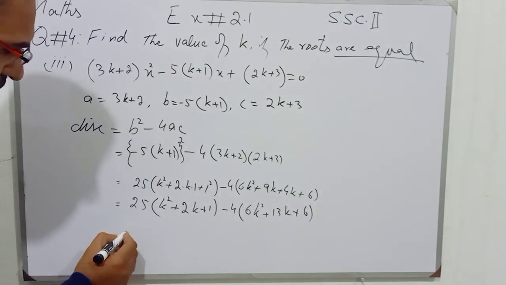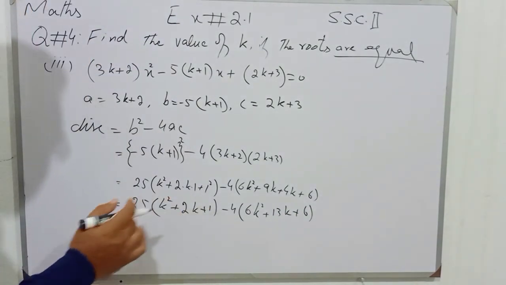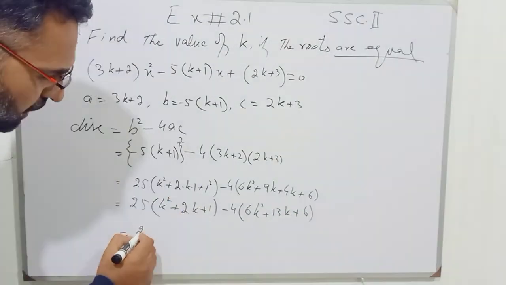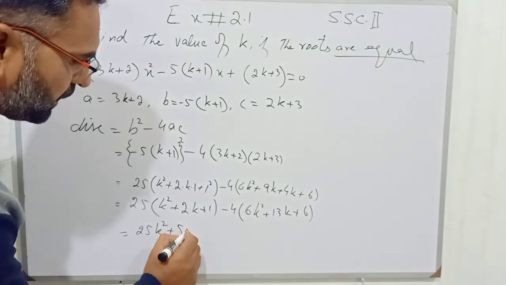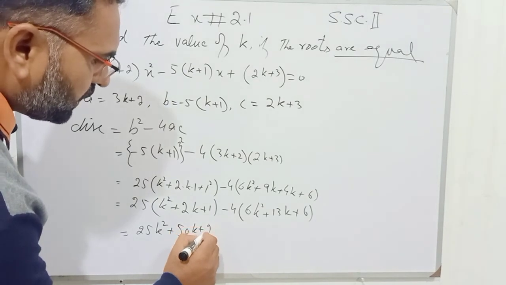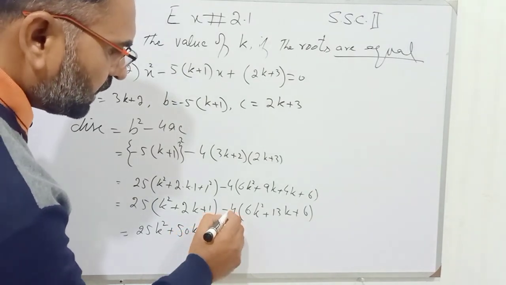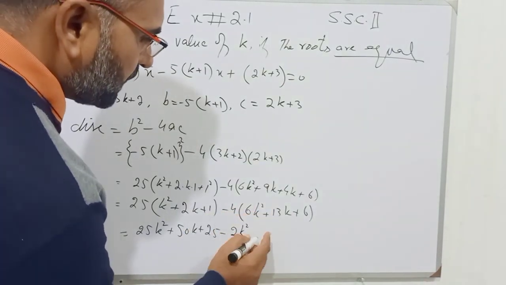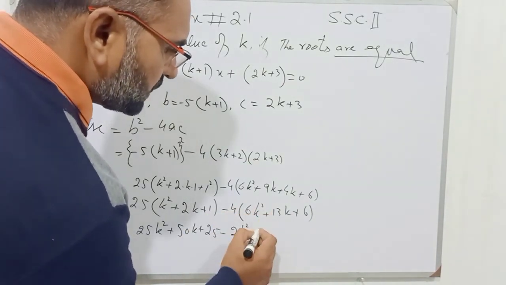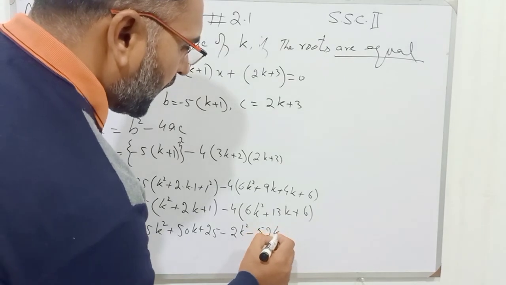And now 25 will multiply with all the three terms, and we will have 25k square plus 50k plus 25 minus 4 6s are 24k square, minus and plus means minus, 4 13s are 52k, and minus and plus means minus 24.